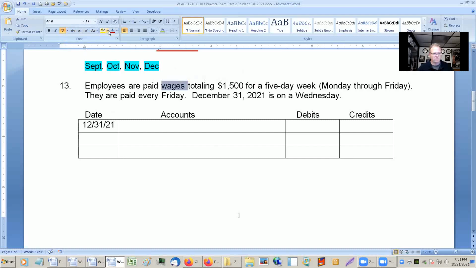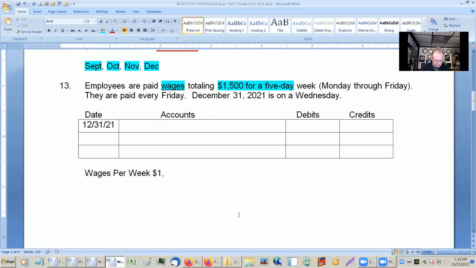We owe them. And it's $1,500 for a 5-day week. So how much is it per day? So per day would be 300. Yep. So wages per week is 1,500.